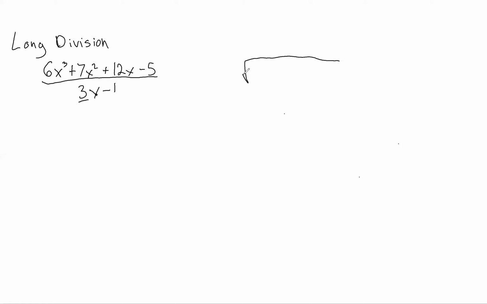So let's do this. 6x cubed plus 7x squared plus 12x minus 5, and then it's divided by 3x minus 1. So this is kind of how it translates into what we sometimes think of as grade school division.